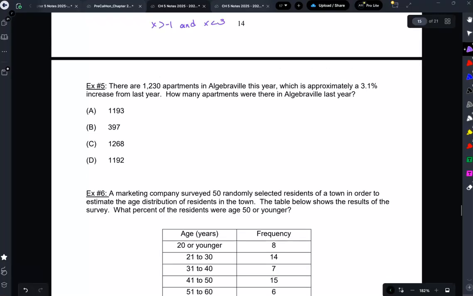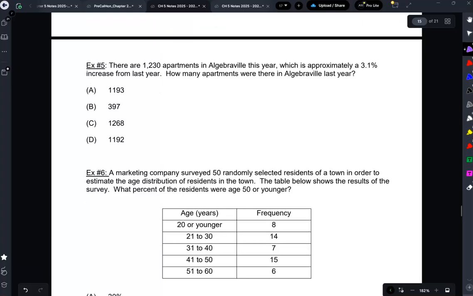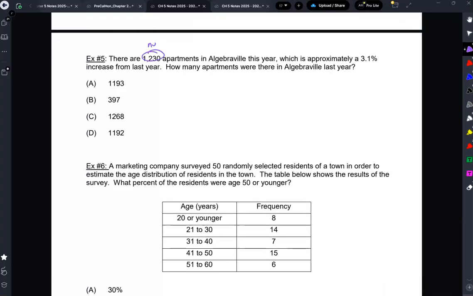So this is the new, and then X is the original. And then the percent increase is the 3.1, right? So how are we going to write this? 3.1 over 100, which is 0.031, right?